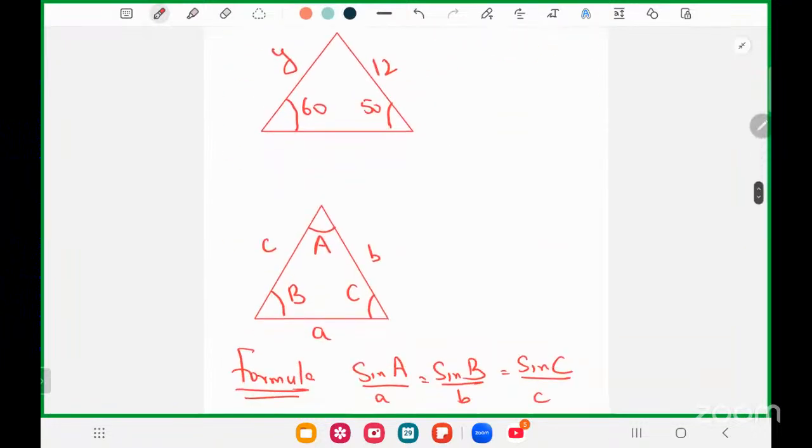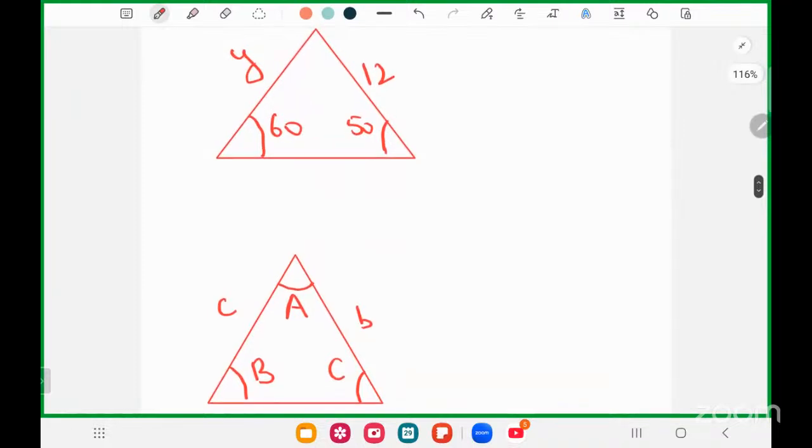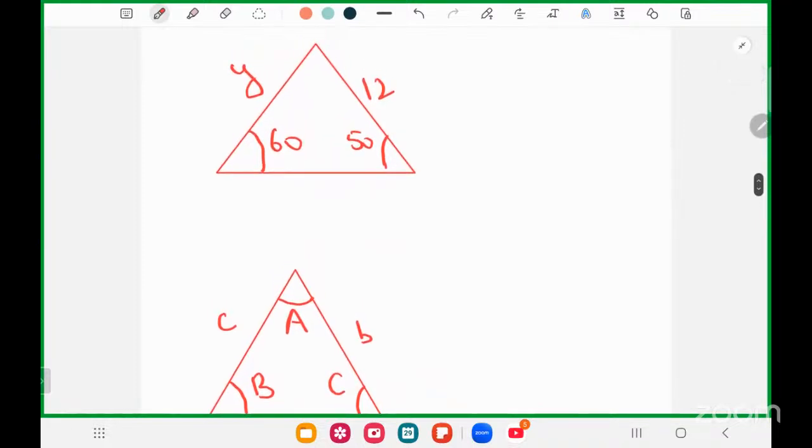Similarly, if I need to solve this question, sin 60 upon 12 is sin 50 upon y. If I cross multiply, this will become y sin 60 is 12 sin 50.